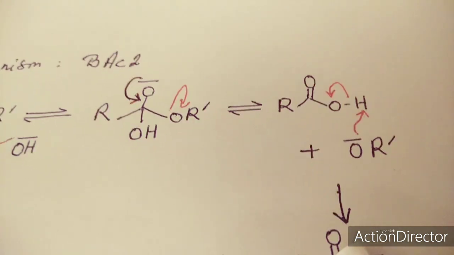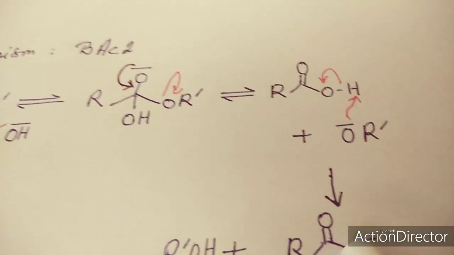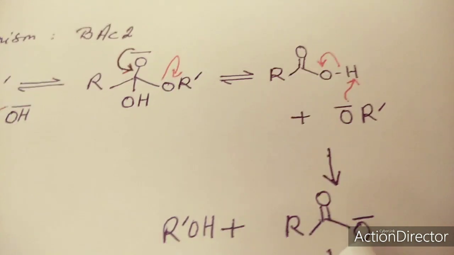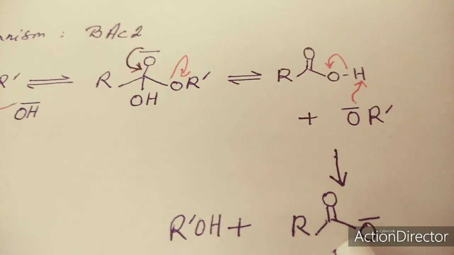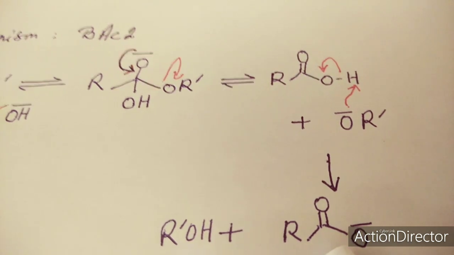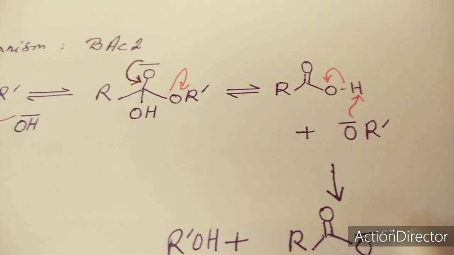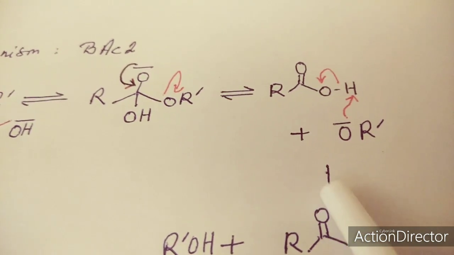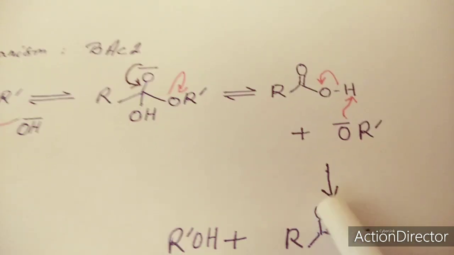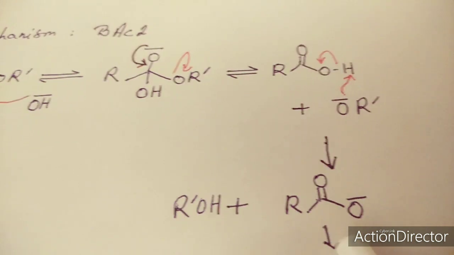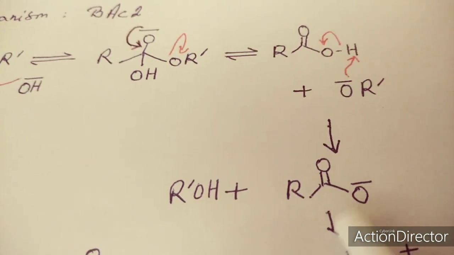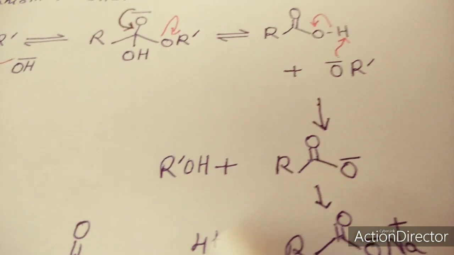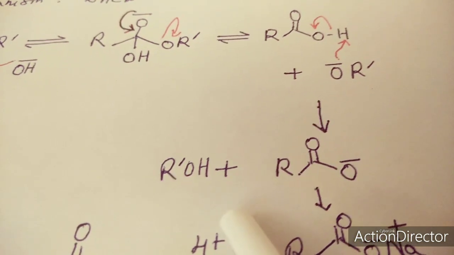Therefore, once this has been formed, the alcohol R-OH has been formed, at the same time this very stable carboxylate ion. This reaction, unlike the acid catalyzed hydrolysis, is not reversible. Therefore, we will be getting two very stable products: one is the carboxylate ion and the other is our alcohol, R-OH.